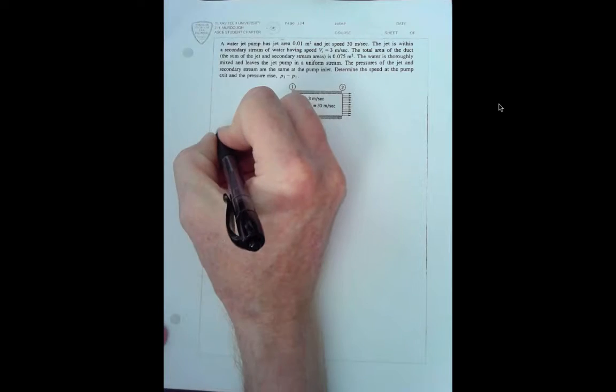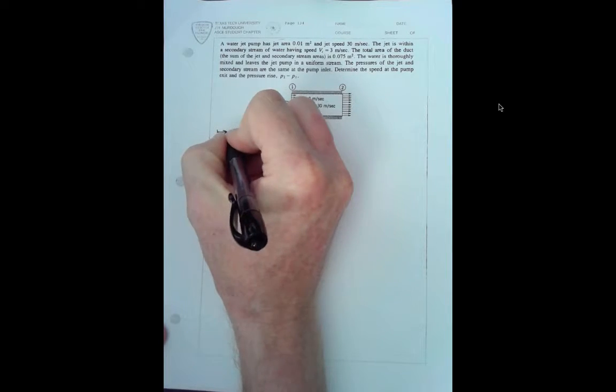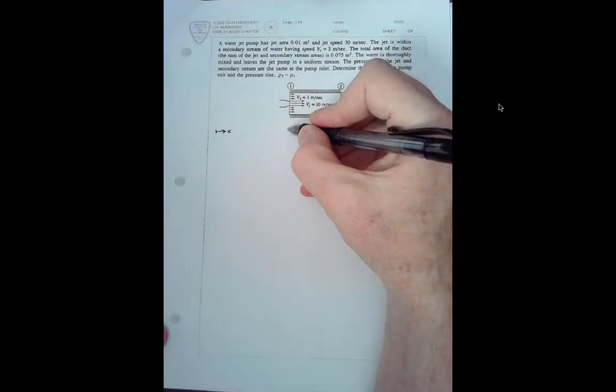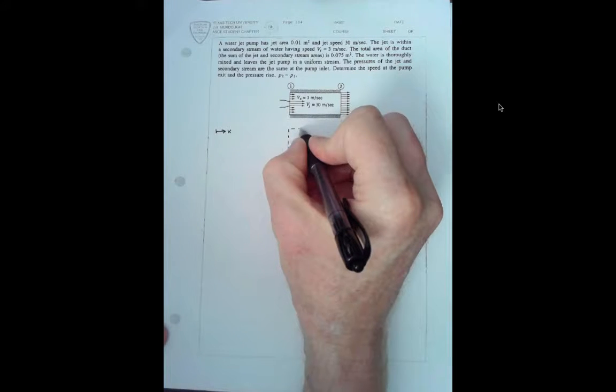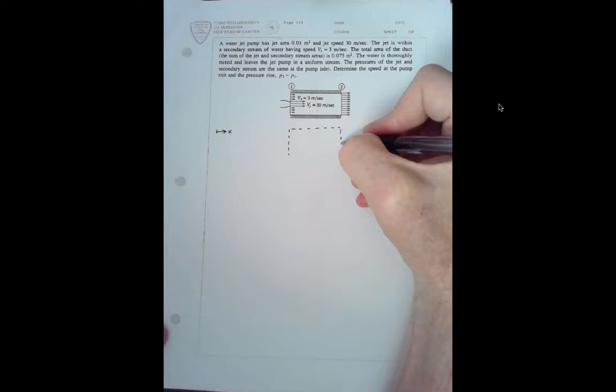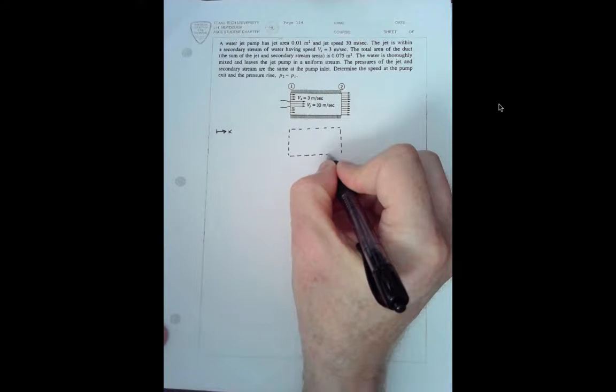So here's our jet pump, and let's just apply our methodology. So I'll pick a coordinate system here, X. I'm going to create a control volume. Now you can draw right on the drawing if you can keep track of what everything is. I'm just going to do it next to it.